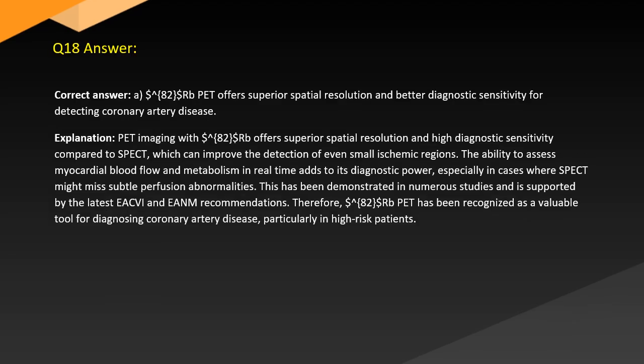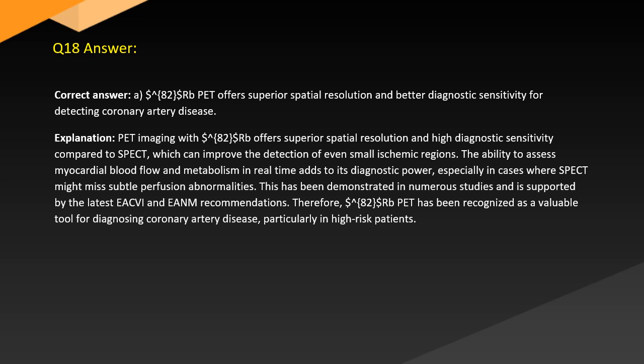Answer. Correct answer: A. 82Rb PET offers superior spatial resolution and better diagnostic sensitivity for detecting coronary artery disease. Explanation. PET imaging with 82Rb offers superior spatial resolution and high diagnostic sensitivity compared to SPECT, which can improve the detection of even smaller ischemic regions.